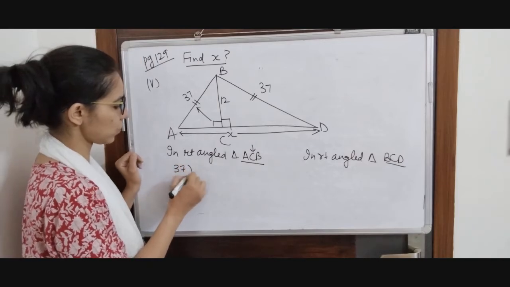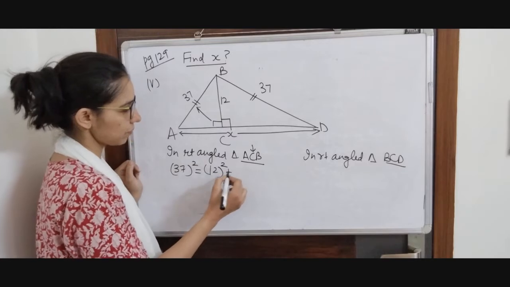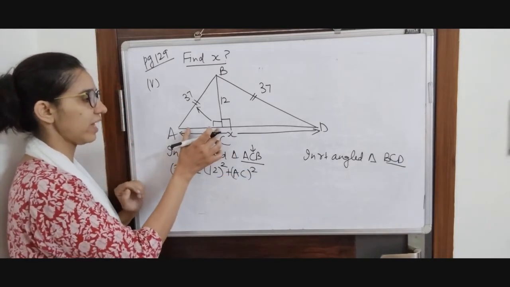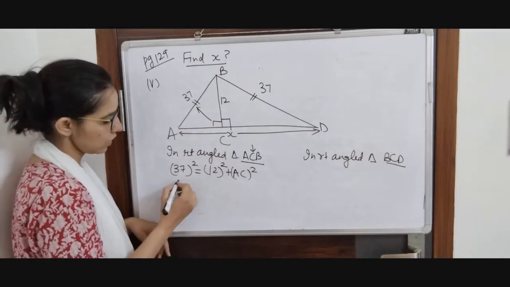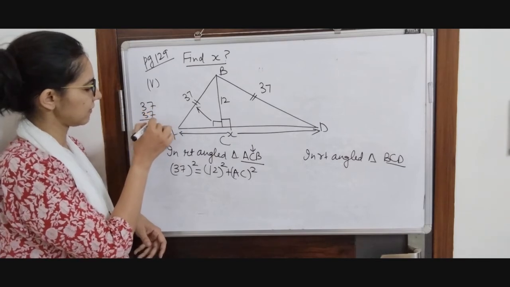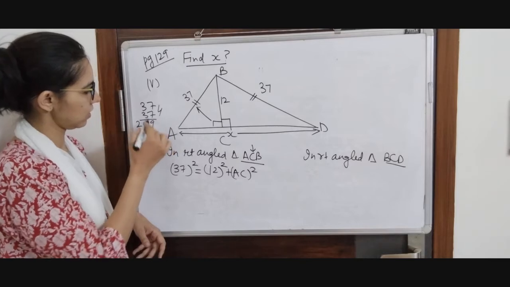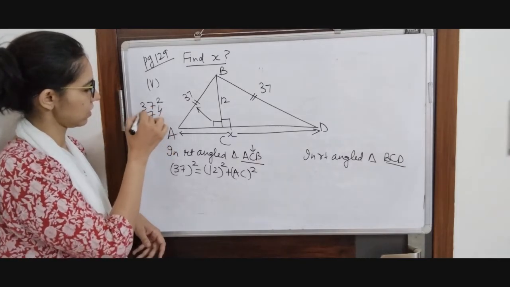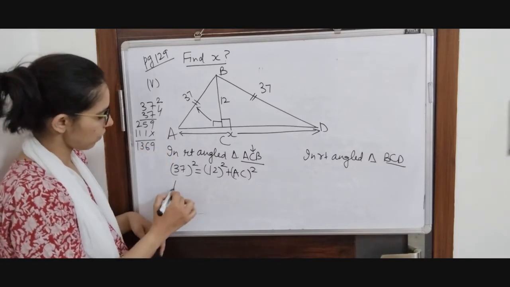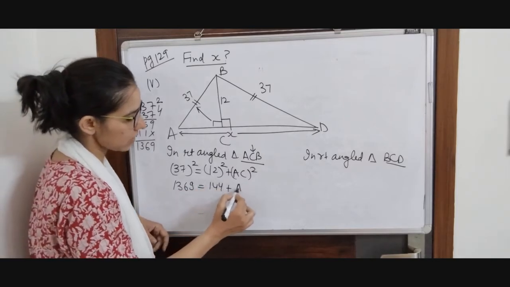Okay, so in this ACB the hypotenuse is your 37. So 37 square is going to be 12 square plus AC square, because the second leg or third side is AC. So 37 square is going to be 1369, okay, and 12 square is 144 plus AC square.